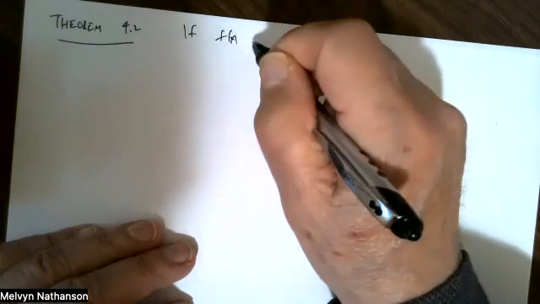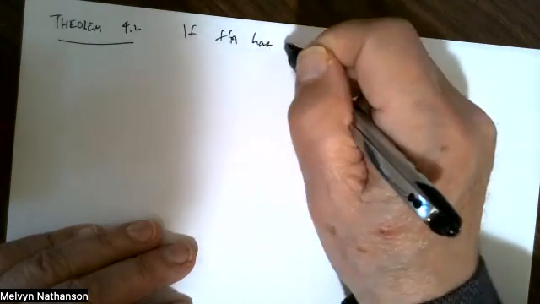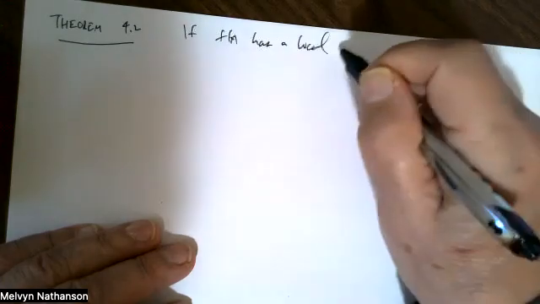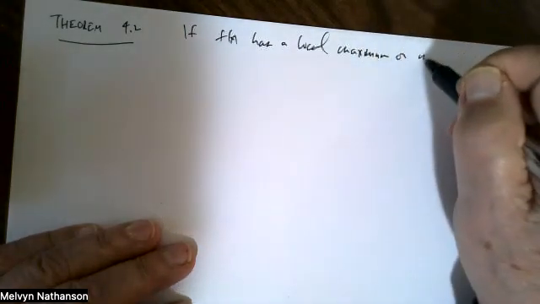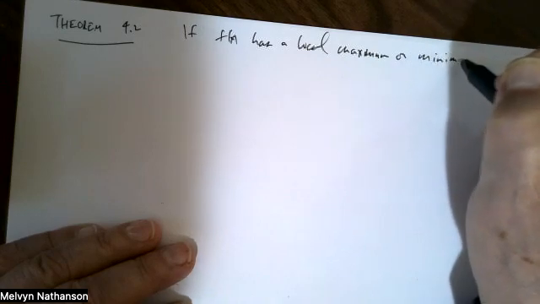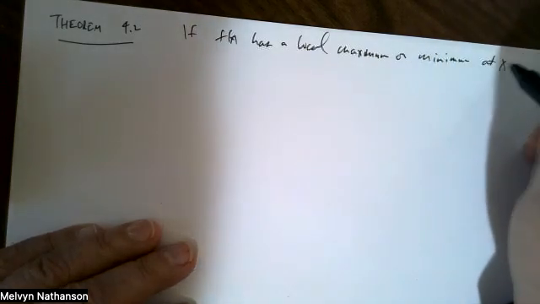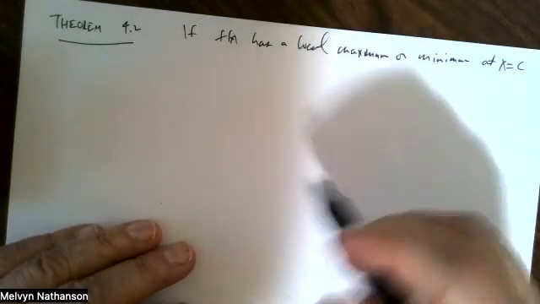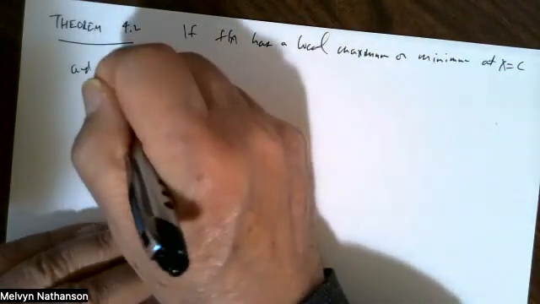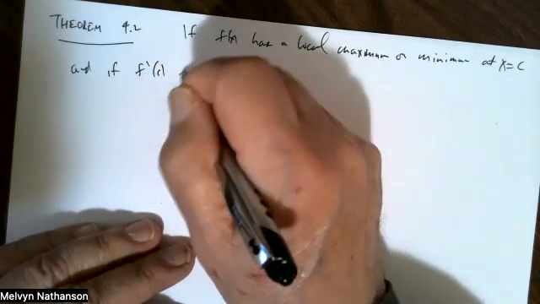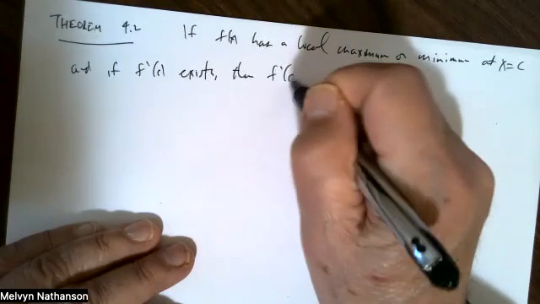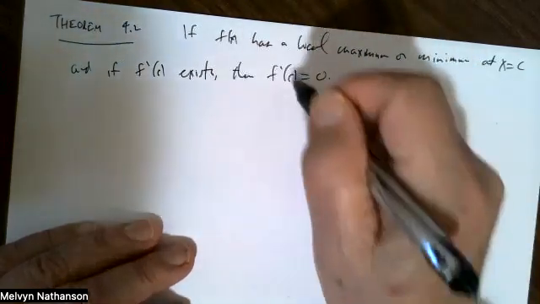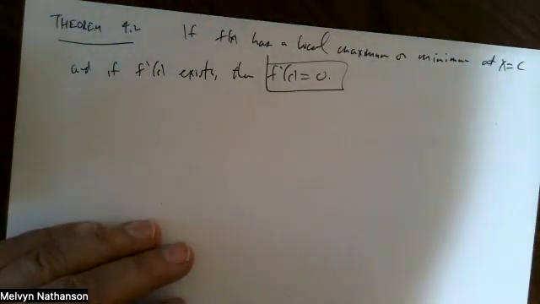If you have a function f of x, and if it has a local maximum or minimum at the point x equals c, and if the derivative at c exists, then the value of the derivative is always 0.